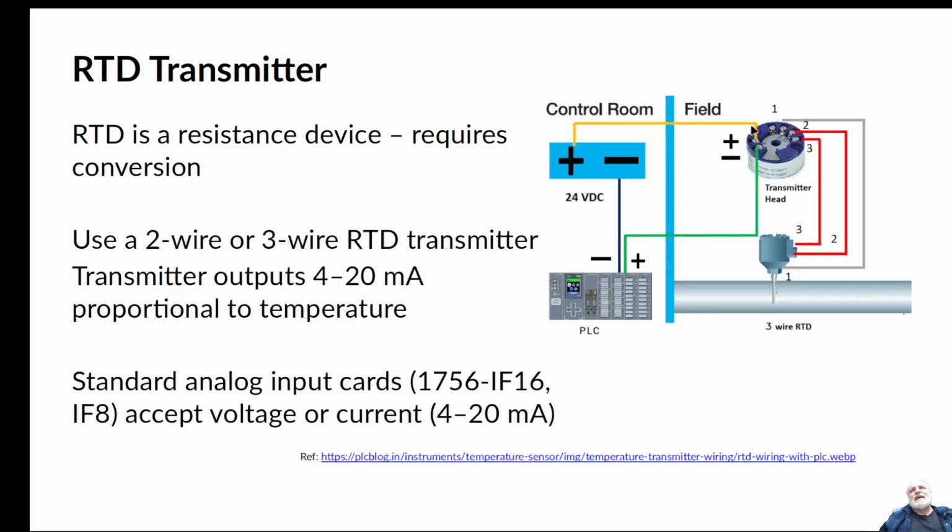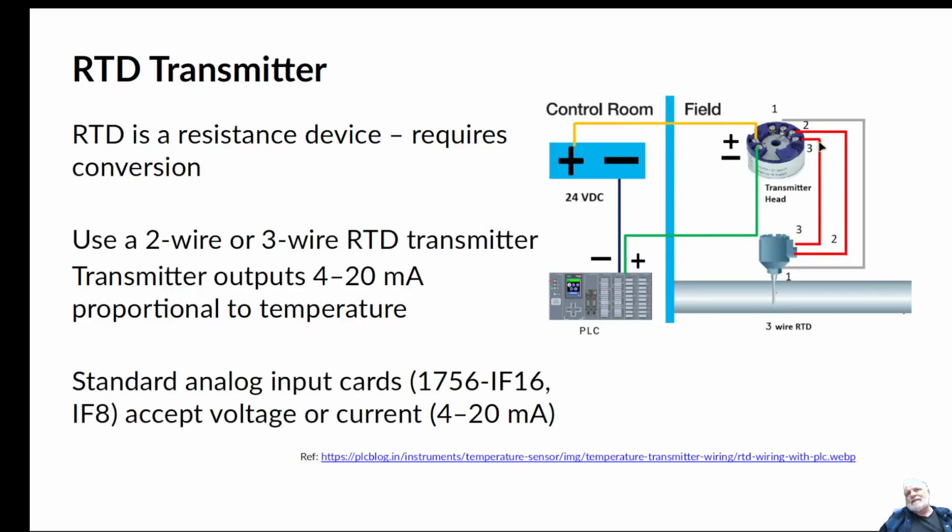you could get what they call an RTD transmitter. And so the idea here is you would wire in your RTD. This transmitter would put current through this RTD. Remember, the RTD is a resistor, so it needs to have current running through it.